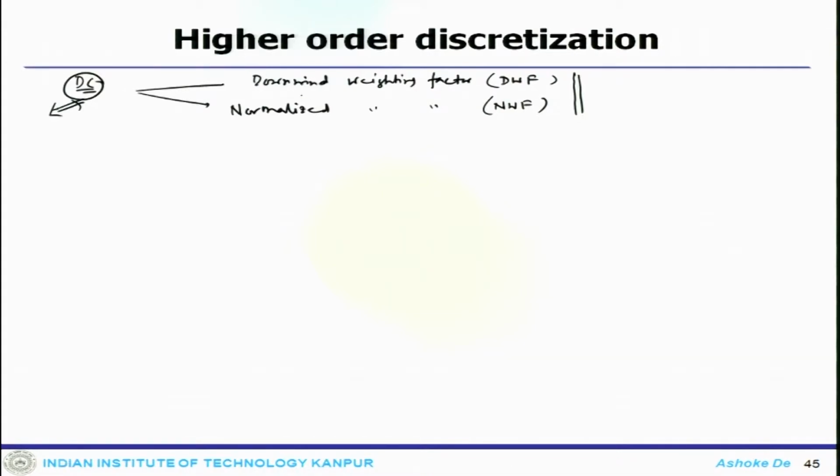One is based on the downwind weighting factor, called the DWF method, and another is the normalized weighting factor, which is known as the NWF.